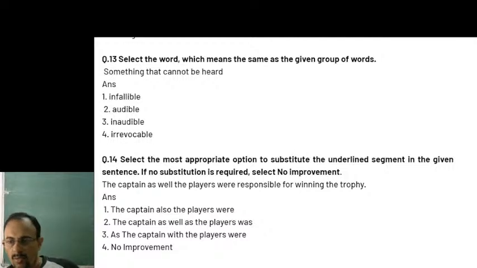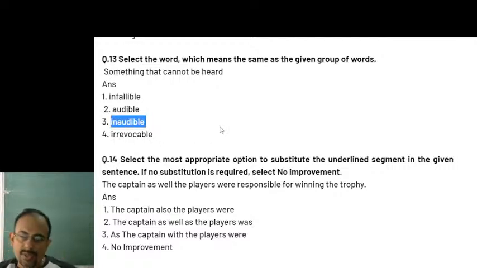Text quickly, very quickly. Very good, Mrudula, Shreyas, Manasvi. It's inaudible. Very good. Thank you so much.